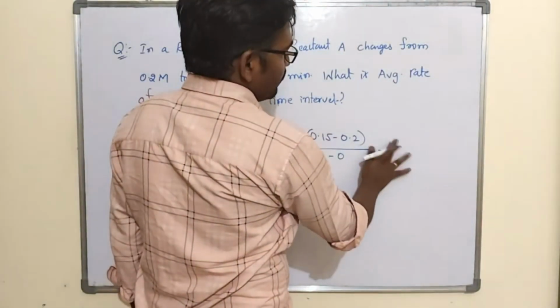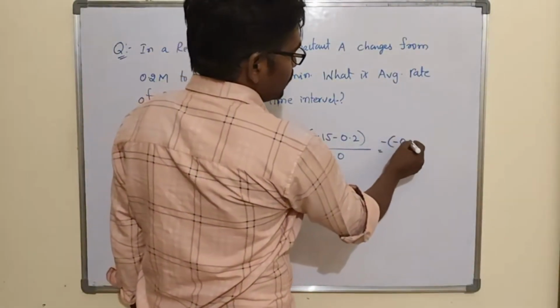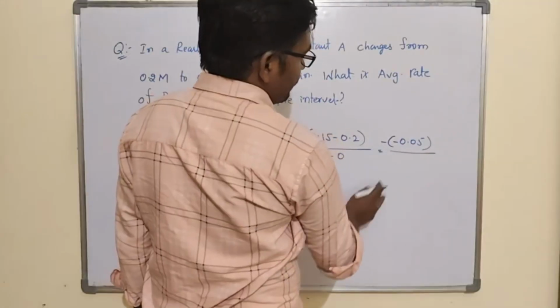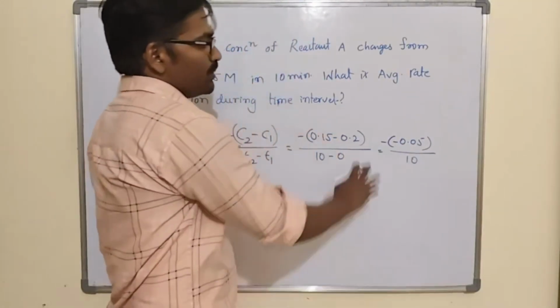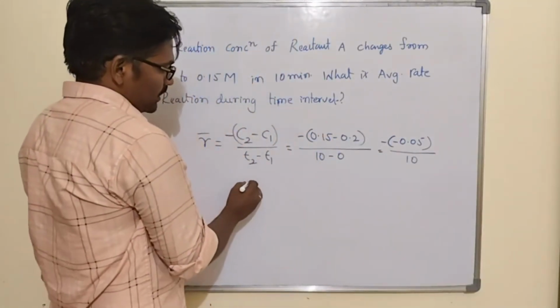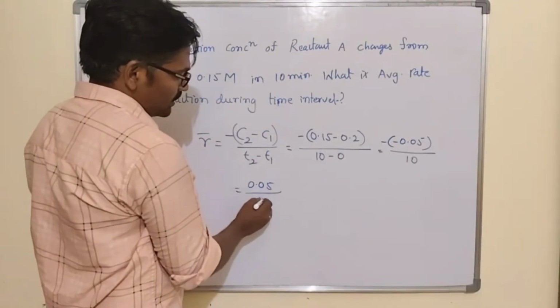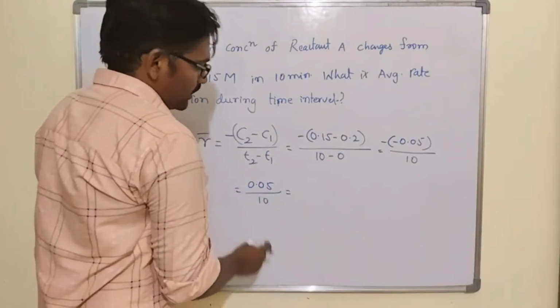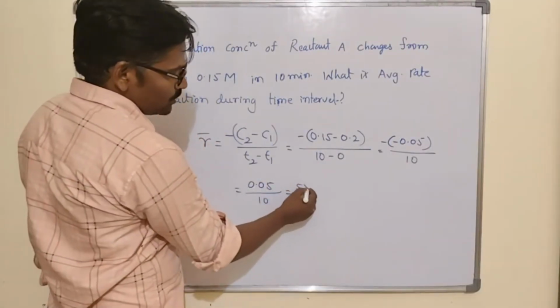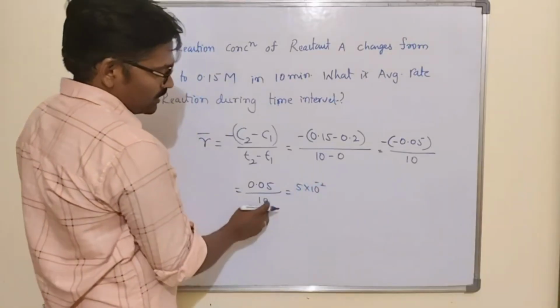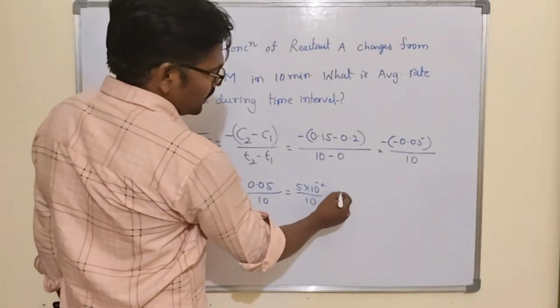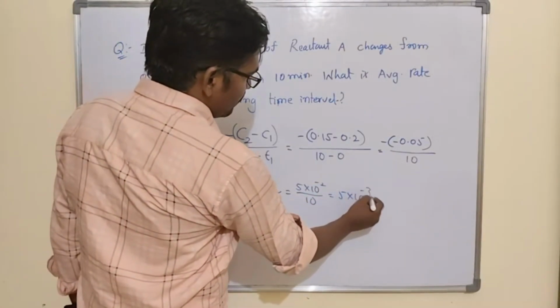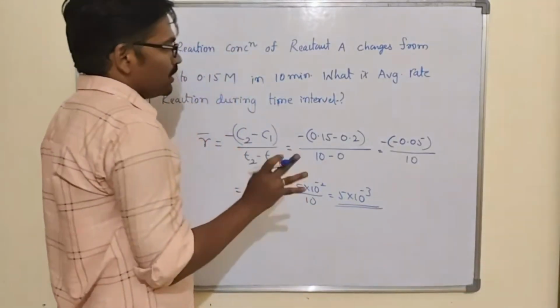So that is minus of minus 0.05, divided by 10. Minus of minus is plus, so 0.05 divided by 10, that is 5 into 10 to the power of minus 3, right? So this is what you have to take.